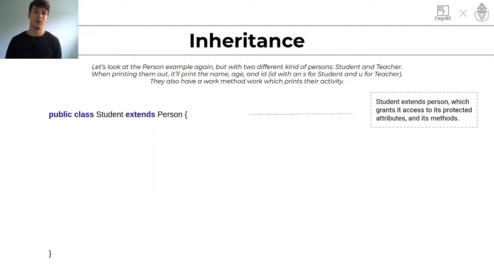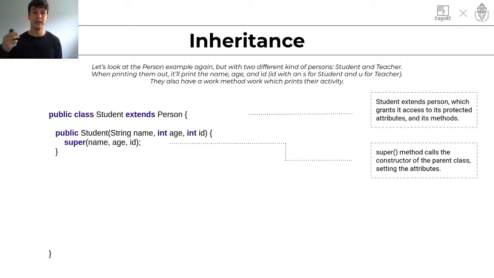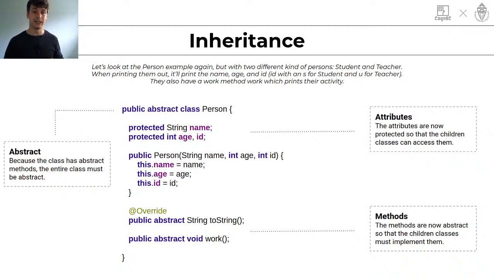Quick example, we can make the class Student, which extends Person. Now, because we extend Person, we can call super. And what does super mean? The super calls the constructor of Person. So whenever you create a student, you could still create a student with a name, an age and an ID, so still the String, int format, which is the same as in the Person class over here.